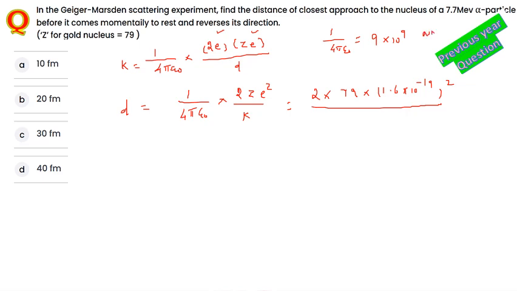So instead of 1 by 4 pi epsilon naught, I write 9 into 10 power 9, and the whole is divided by the K value.